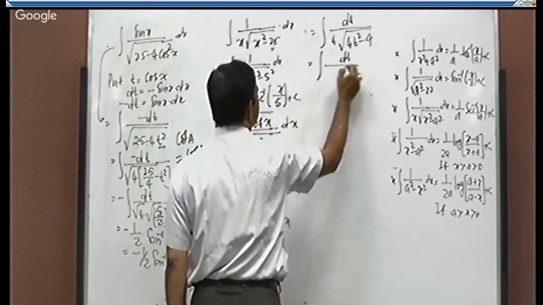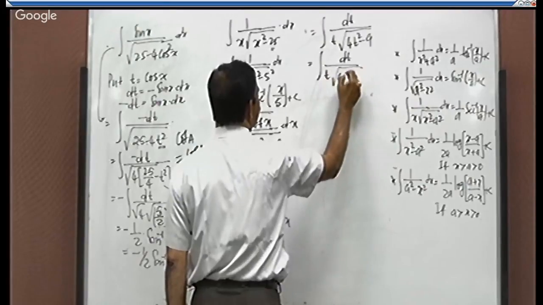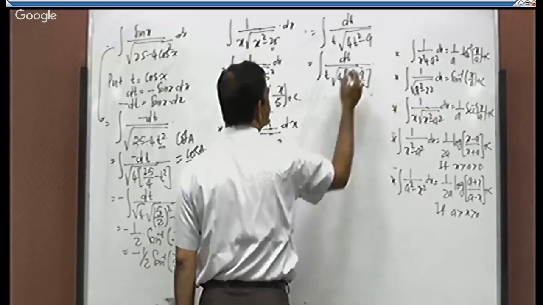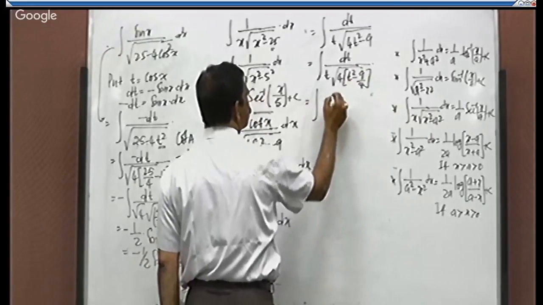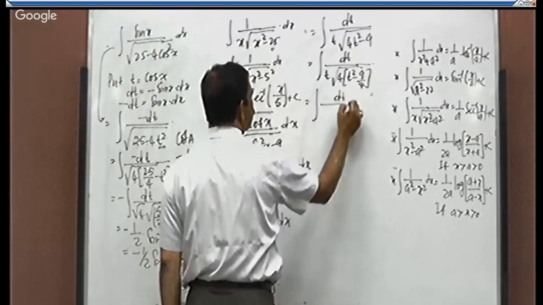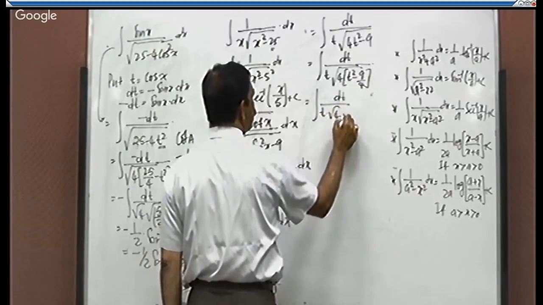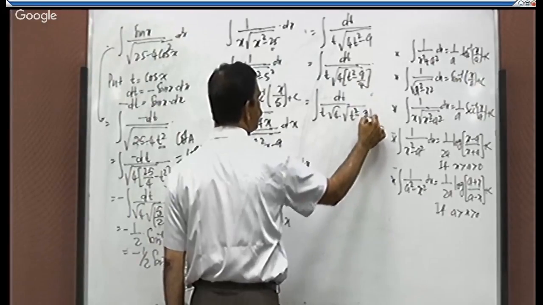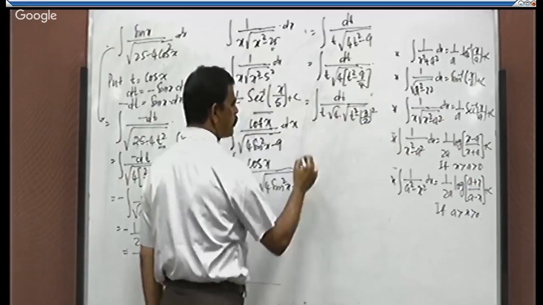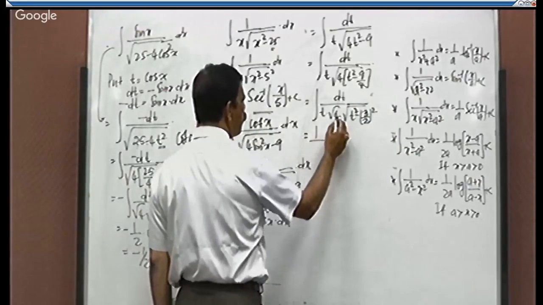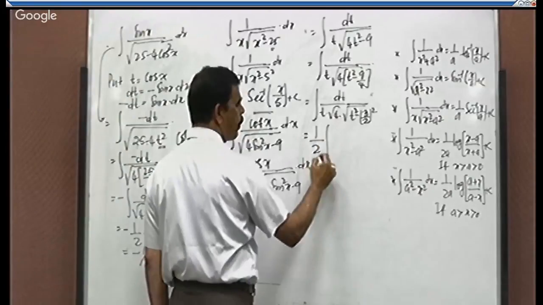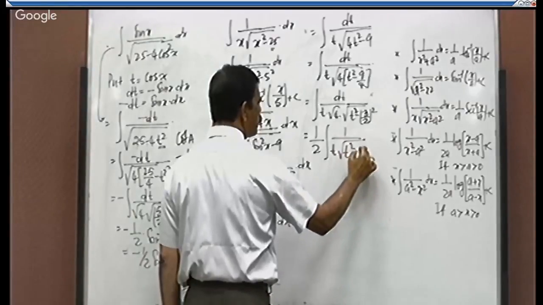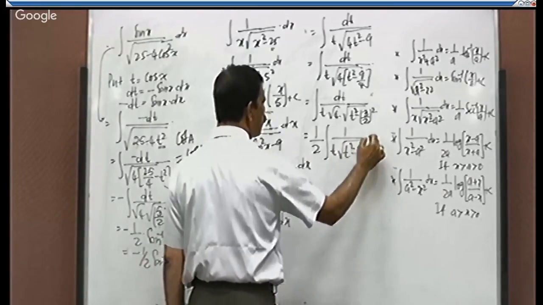If I take 4 common, it is root of t square minus 9 by 4. Then 9 by 4 can be taken as 3 by 2 whole square, and root of 4 is 2. So it is 1 by 2 into integration of 1 divided by t into root of t square minus 3 by 2 whole square into dt.